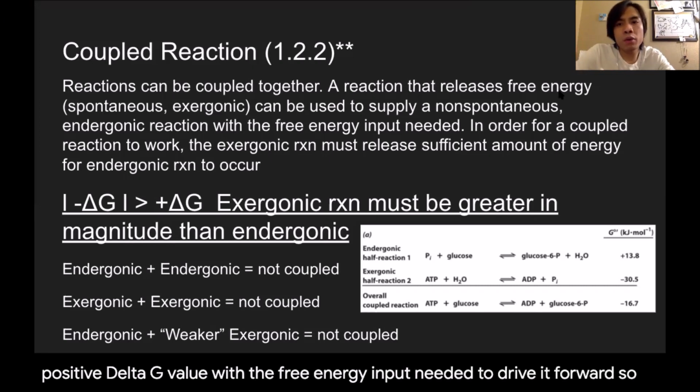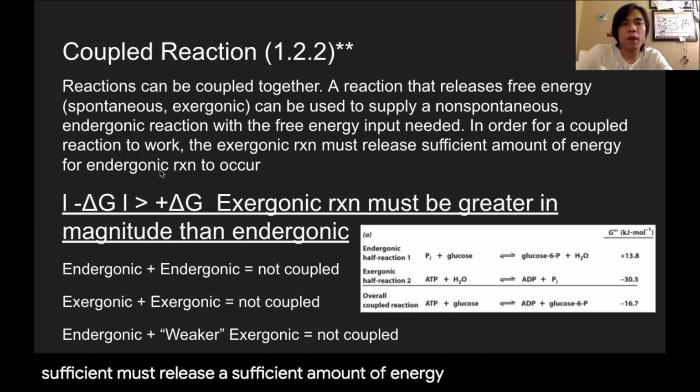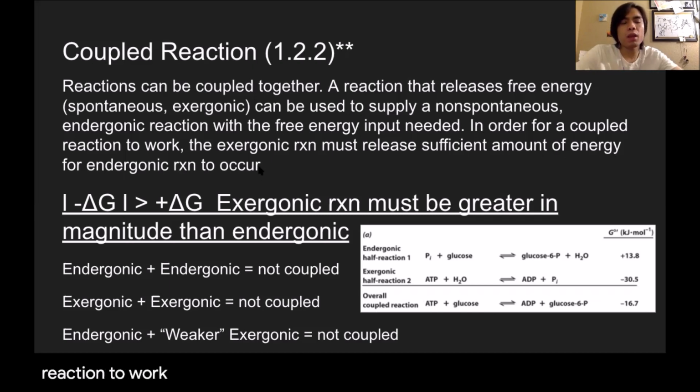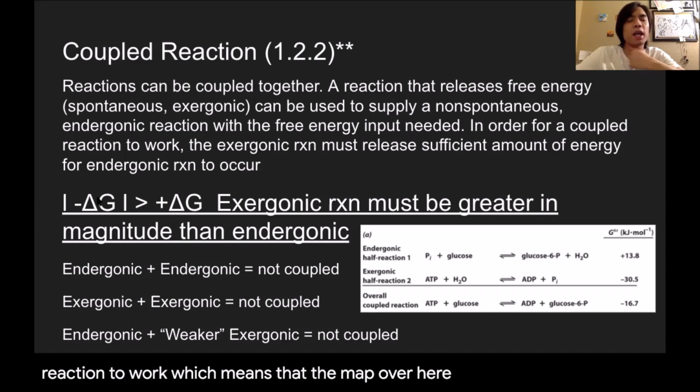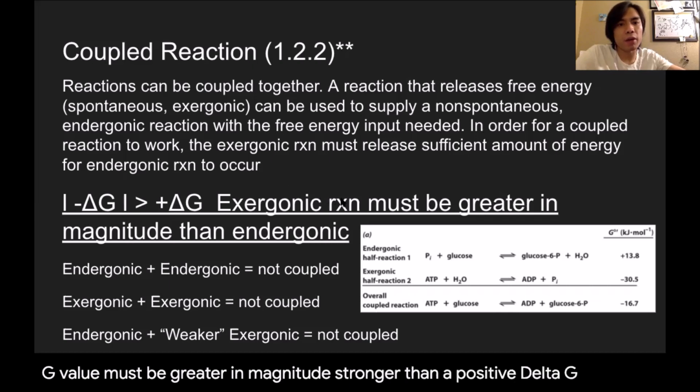In order for a coupled reaction to work, the exergonic reaction must release a sufficient amount of energy for the endergonic reaction to work, which means that our negative delta G value must be greater in magnitude, stronger, than our positive delta G value.